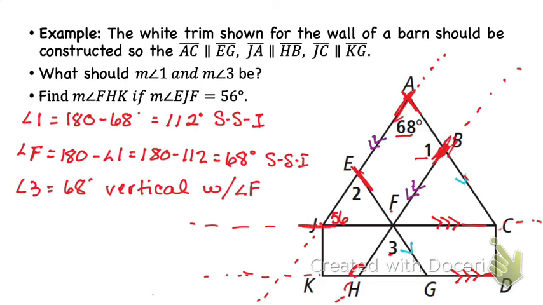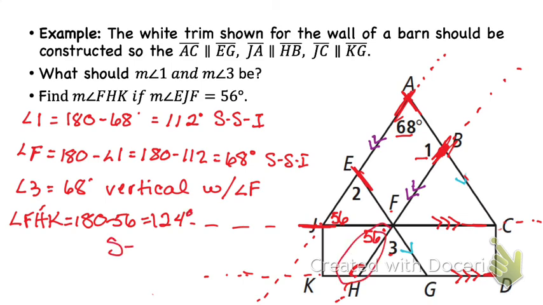So if this is 56 by alternate interior, well then angle FHK would be 180 minus 56. So that would be 124 because they are same side interior again. It's just like a big puzzle. So you have to find others before you find the first.